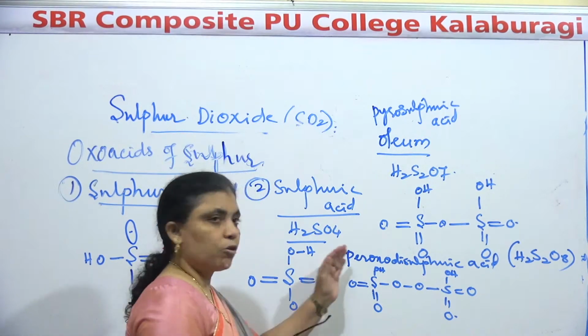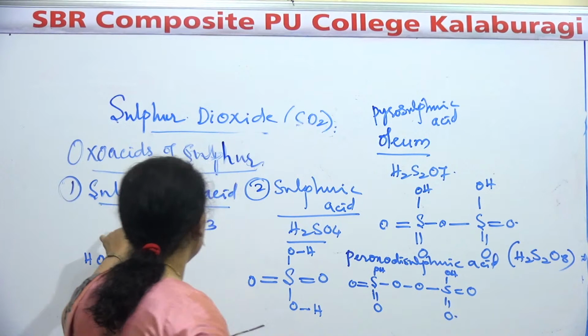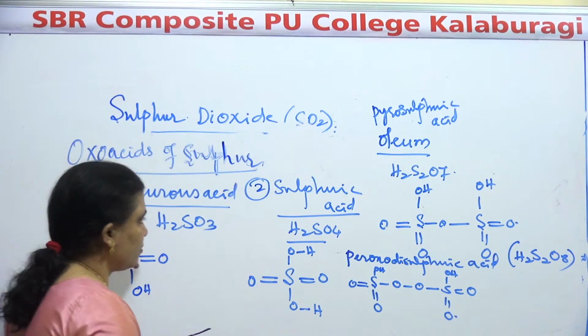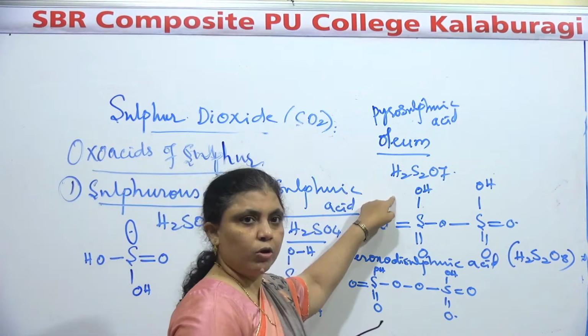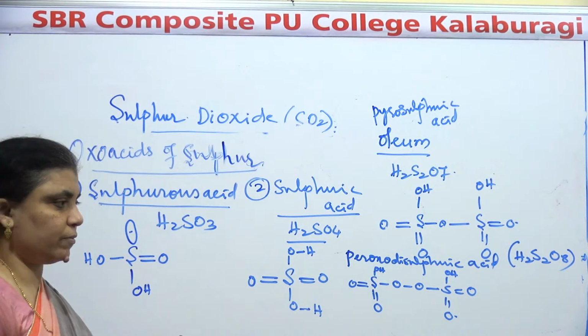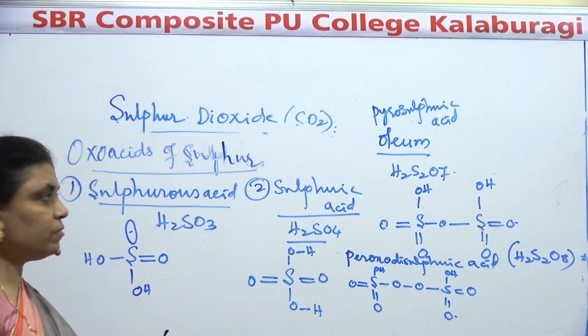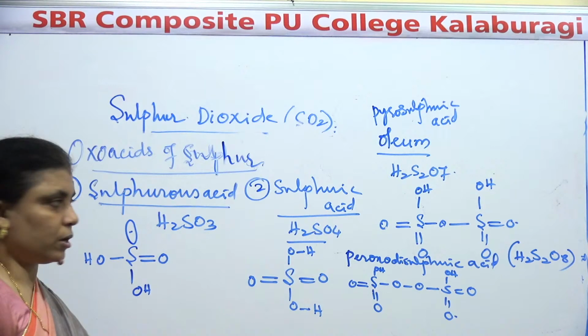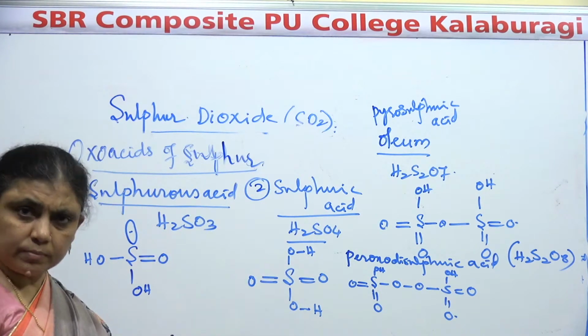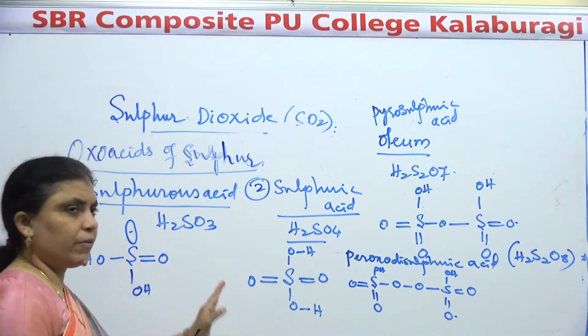These are the oxo acids of sulfur: sulfurous acid, sulfuric acid, oleum, peroxosulfuric acid, and peroxodisulfuric acid. As mentioned in the syllabus, we only need to write the structure. This structure we already wrote in first year, children. You may be remembering. These are familiar to us.